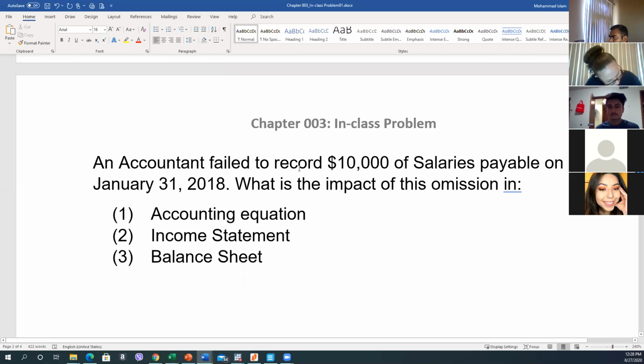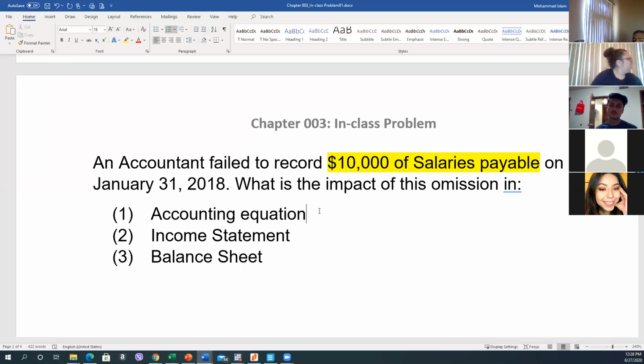An accountant failed to record 10,000 of salaries payable. So what would be the impact on the accounting equation, income statement, and balance sheet? In the accounting equation, the liabilities would be understated, and assets would be overstated.